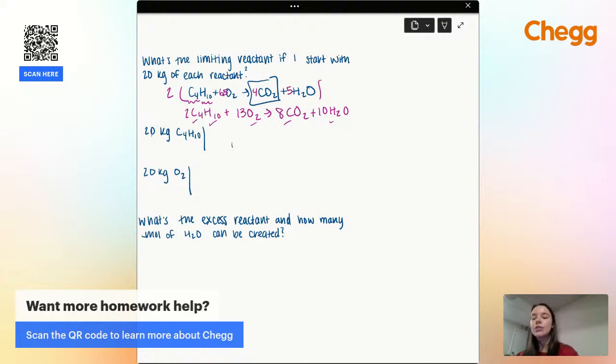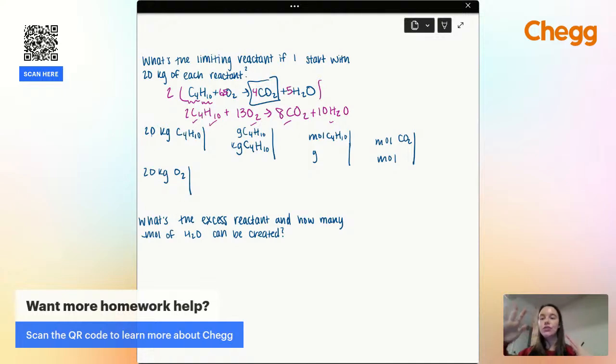But we are going to go from kilograms of C4H10 to grams of C4H10. And then let's just go ahead and map out what we're going to do for both of them. So grams to moles. Then we're going to go moles to moles of CO2. So that's our map.